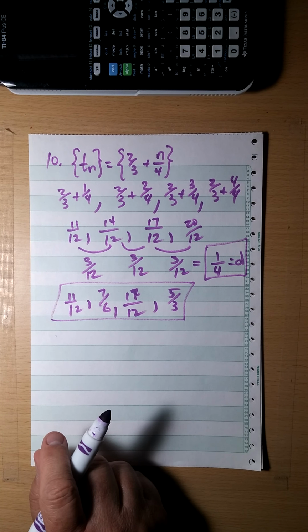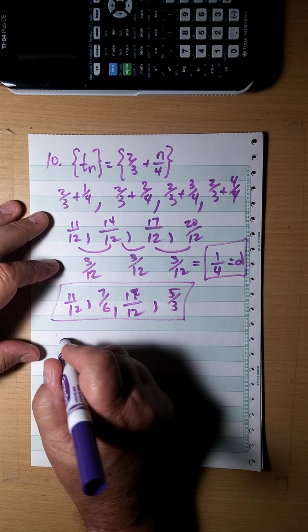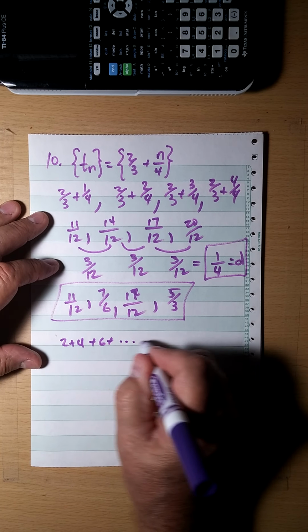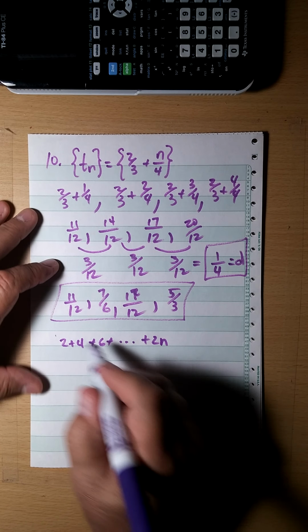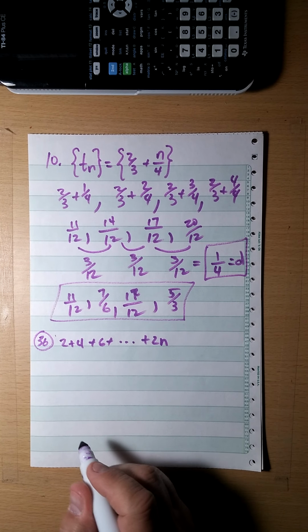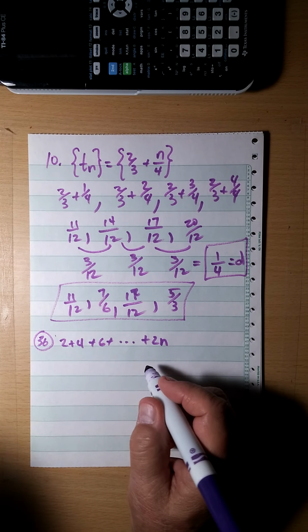If we look at 2 plus 4 plus 6 plus ... plus 2n. This is number 36, I guess. And they say for this, find each sum.